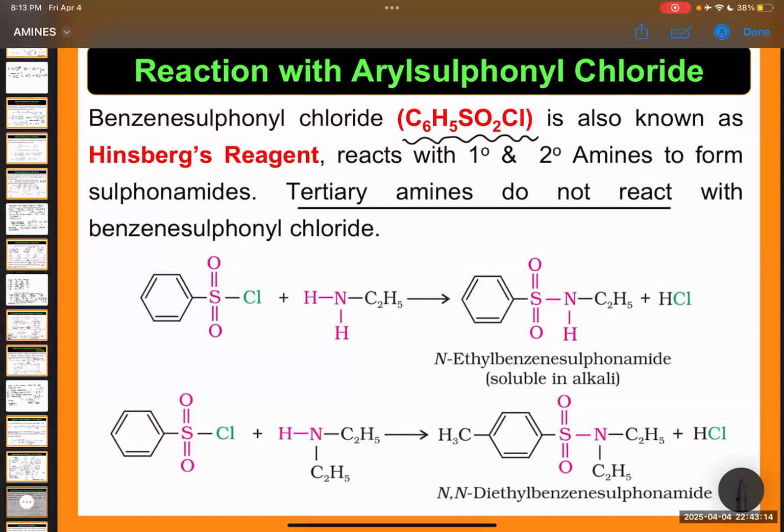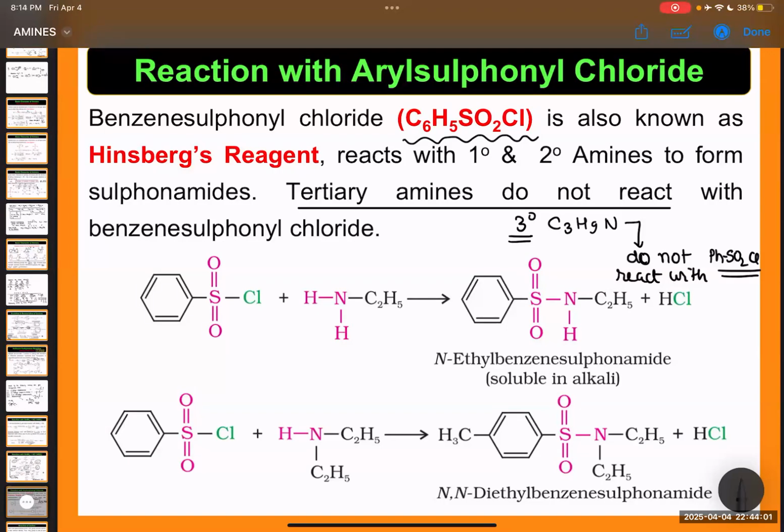So as far as the test is concerned, somebody may give you some formula, for example C3H9N, and tell you in the question that it does not react with benzene sulfonyl chloride or Hinsberg reagent, which confirms that it is a tertiary amine because it doesn't have H.